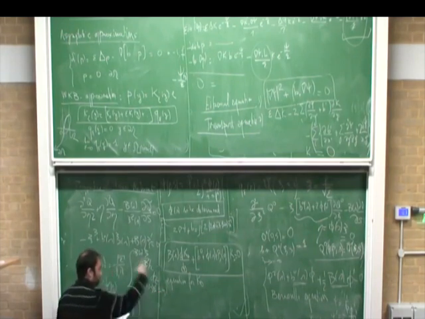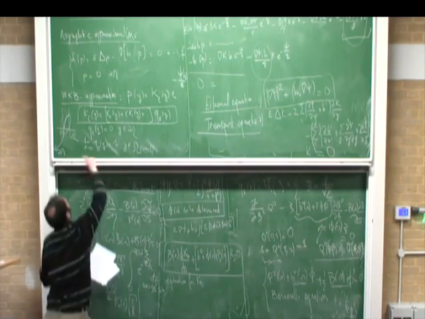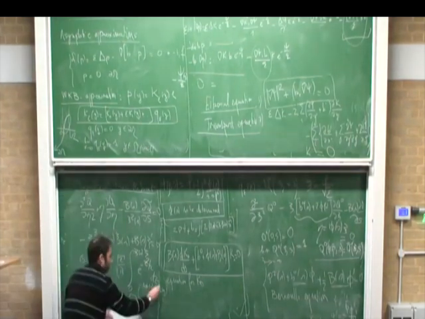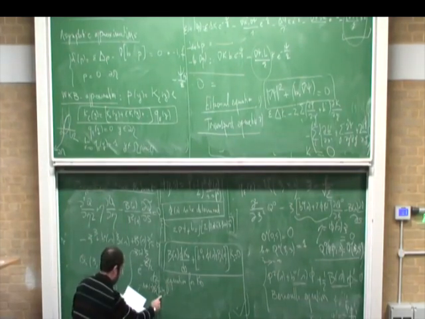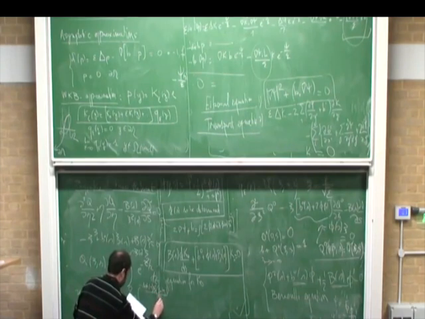S is the curvilinear axis when we go around the circle. S of y divided by square root epsilon, exponential minus z squared dz.